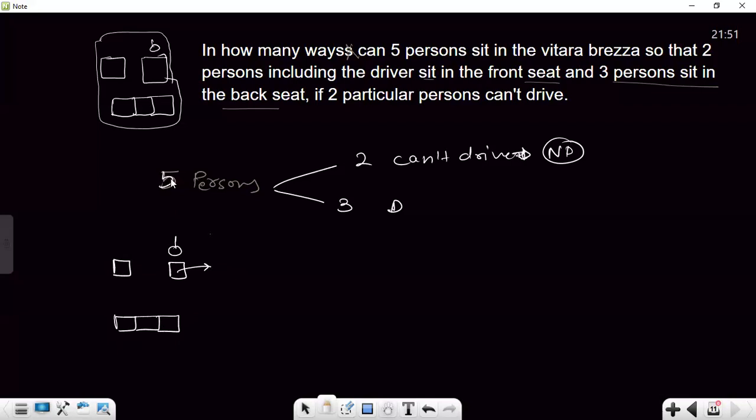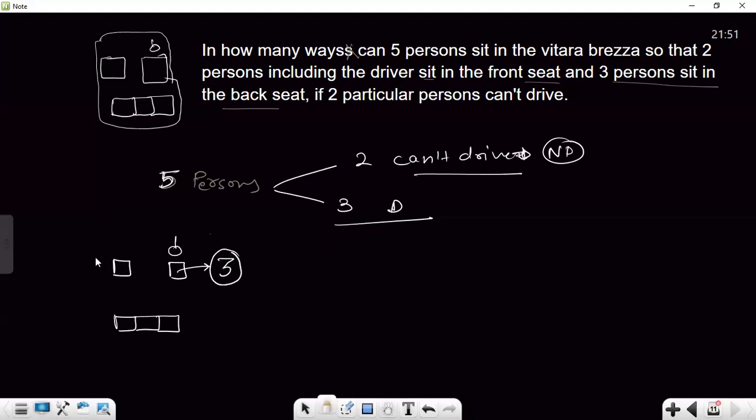We have a total of 5 persons, out of which 2 cannot drive and 3 can drive. So how many persons are worthy to sit on this particular seat? That's a very simple question. Only 3, right? Because only 3 people can drive. So we have 3 choices for this seat.